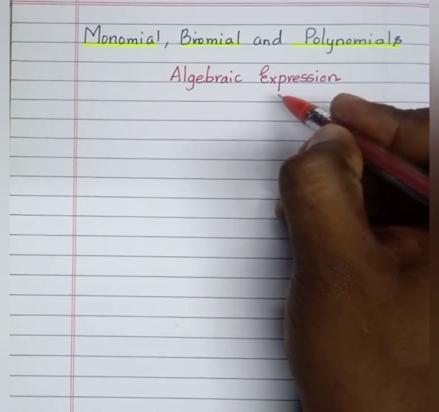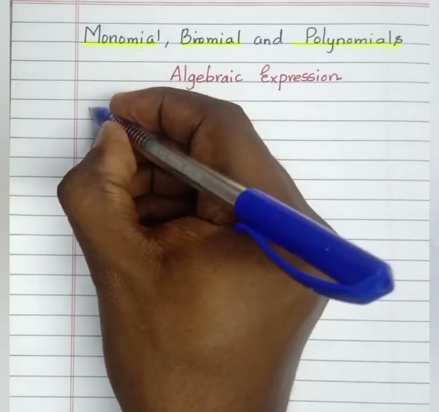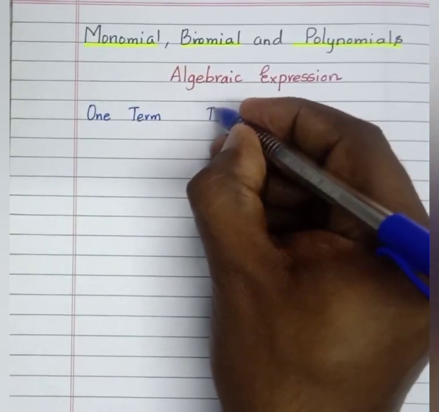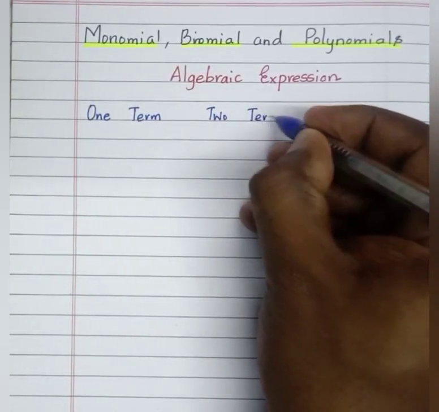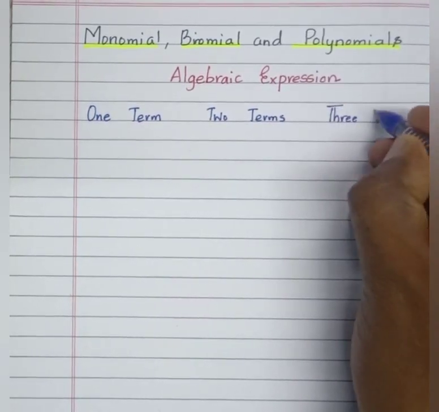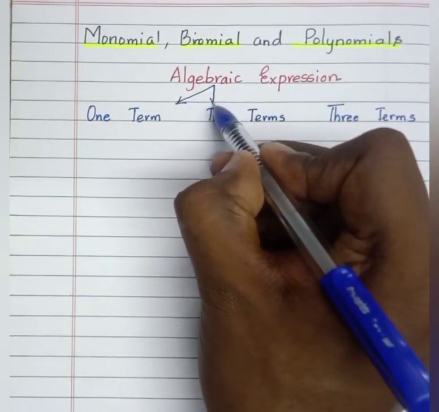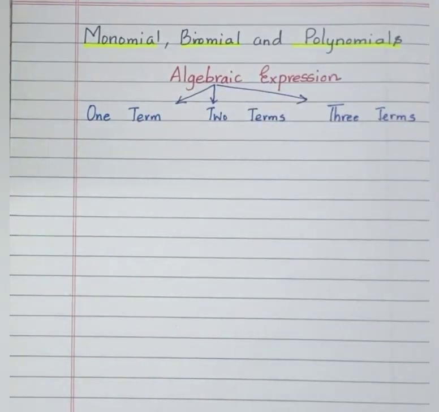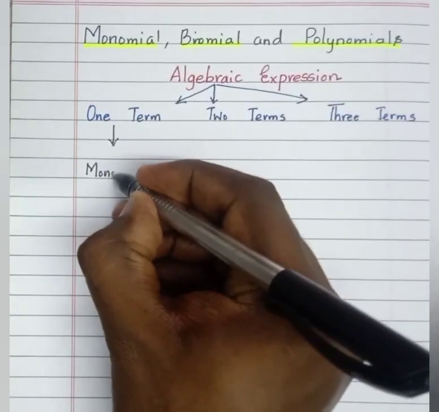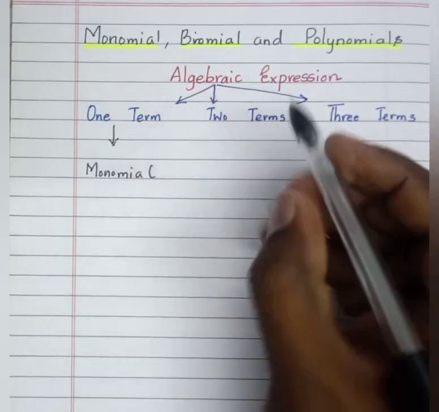If the algebraic expression contains a single term, that is only one term, or two terms, or three terms. If it contains one term, we call that a monomial. An algebraic expression containing only one term, we call that a monomial.